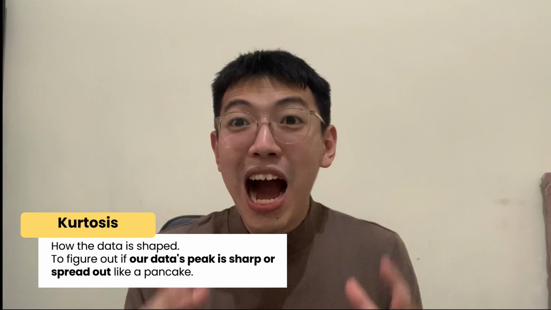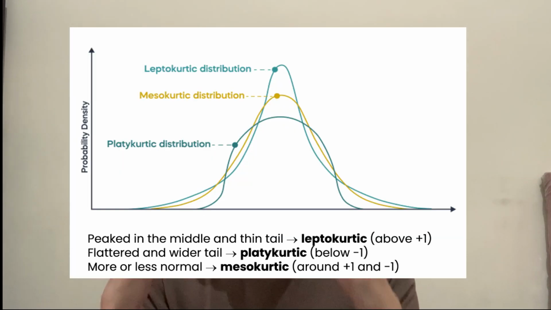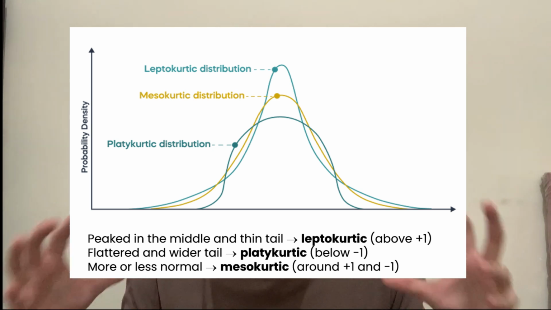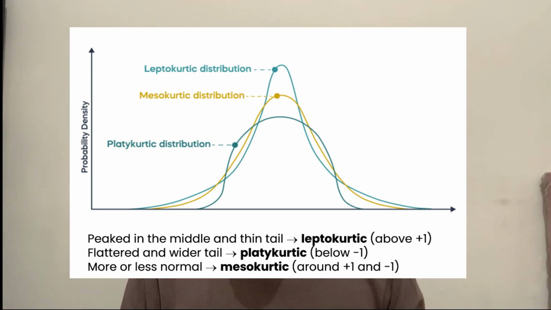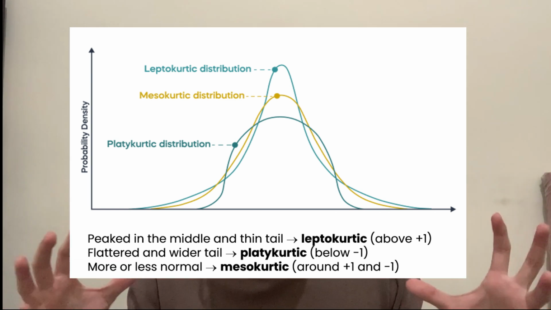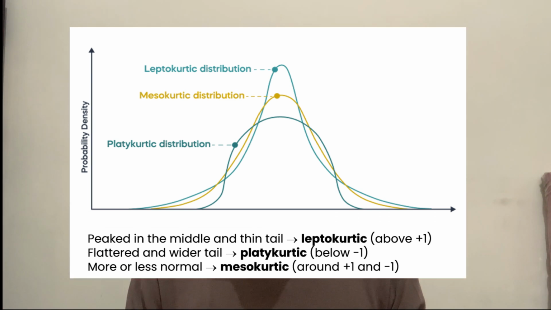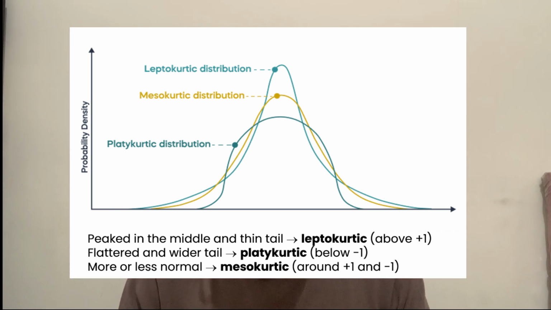Kurtosis describes how your data is shaped. If it is really peaked in the middle and has thin tails, it is called as leptokurtic. If it is flatter and has wider tails, it is platykurtic. If it is more or less normal, it is mesokurtic.